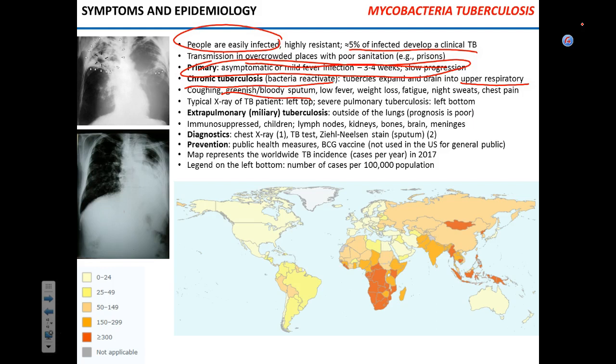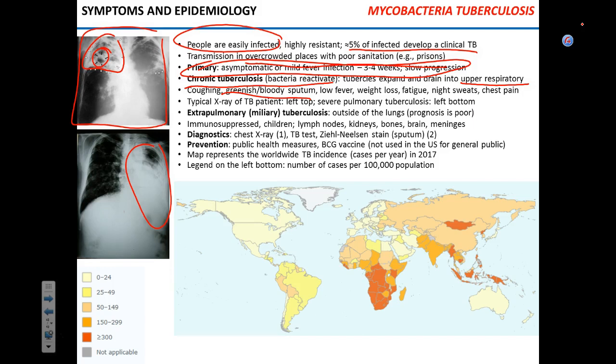Now, this is the typical X-ray of the patients with the primary tuberculosis infection. Here you see a tubercle and lobar inflammation. Severe pulmonary tuberculosis is shown on the left. You see significant obstruction of the left lung.